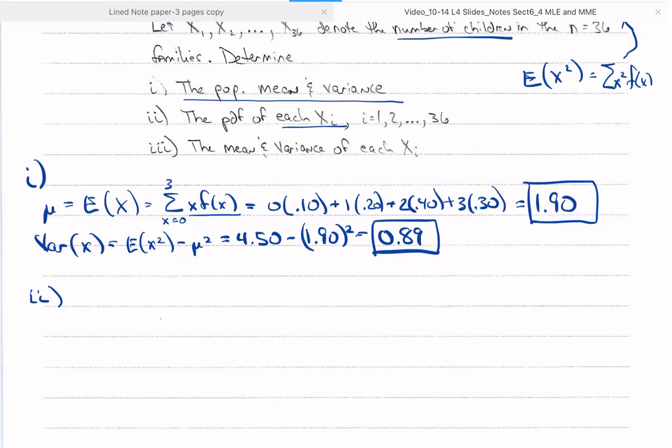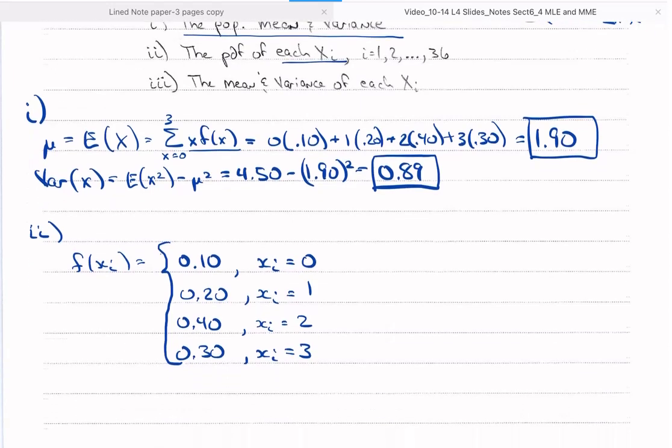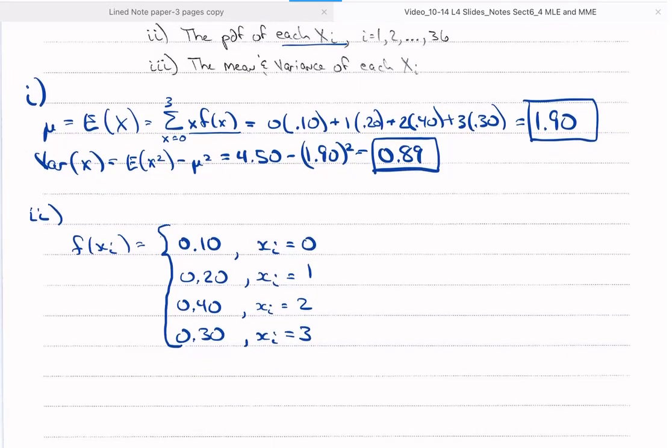So f of x sub i equals 0.1 if x sub i equals 0, 0.2 if x sub i equals 1, 0.4 if x sub i equals 2, and 0.3 if x sub i equals 3. Okay, so that's the PDF.